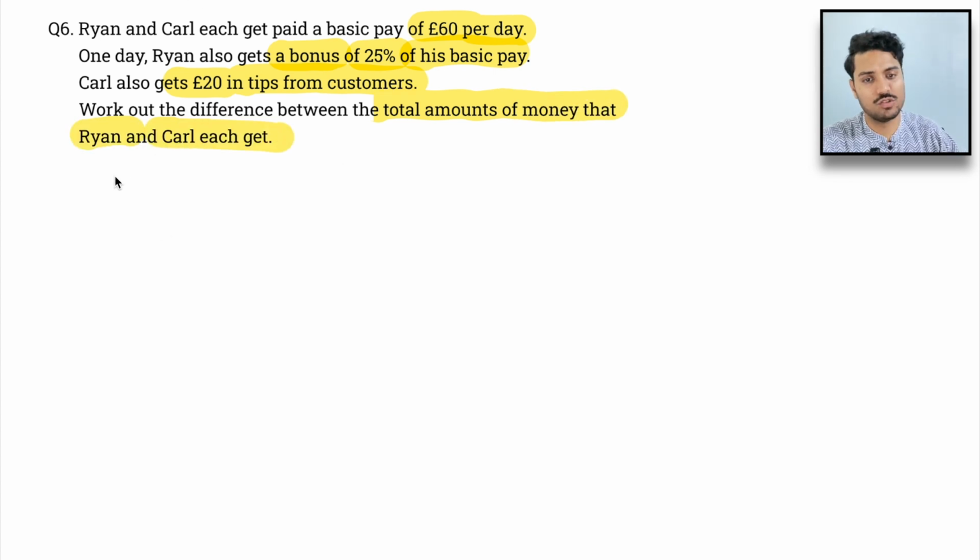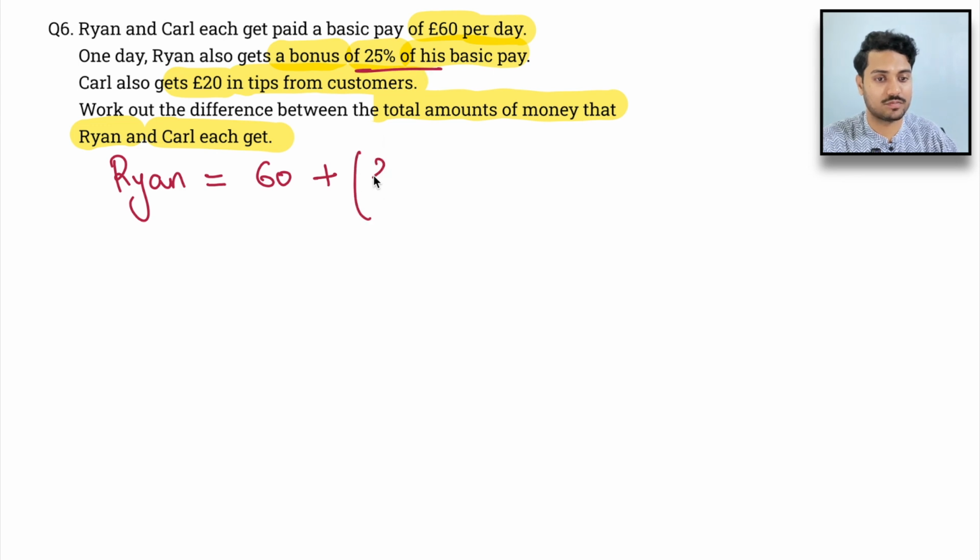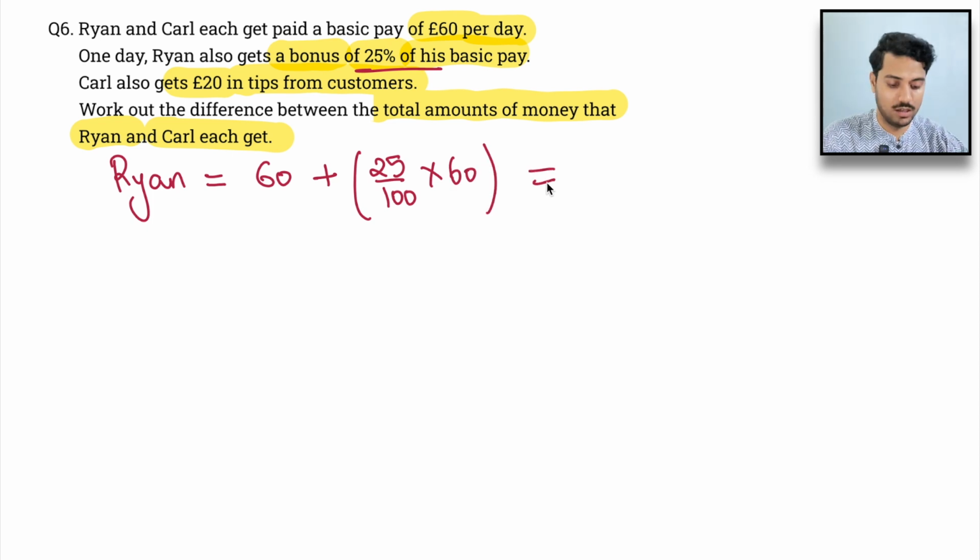Okay, so let's check. In case of Ryan, he is getting $60 plus additional 25%. So that is 25% of 60. So this is going to be 60 plus, bracket, 25 over 100 multiplied by 60, bracket close, and the answer is 75.